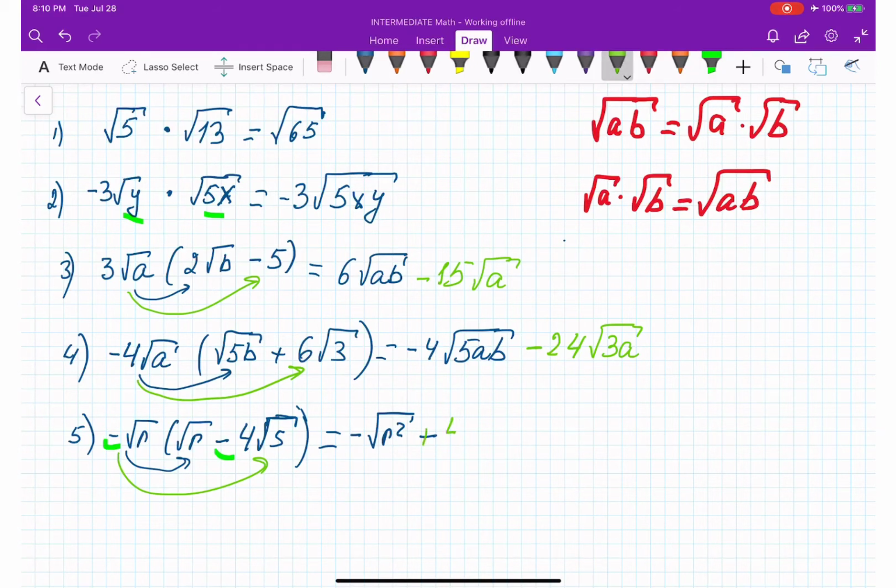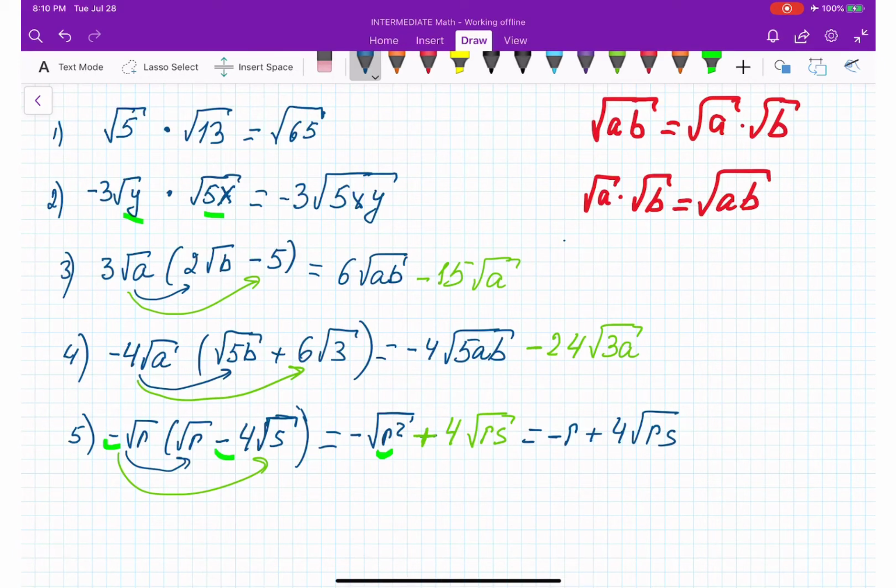And then 4 square root of rs. Now what is interesting here? R squared, which means we are going to get r out. Negative r plus 4 square root rs.